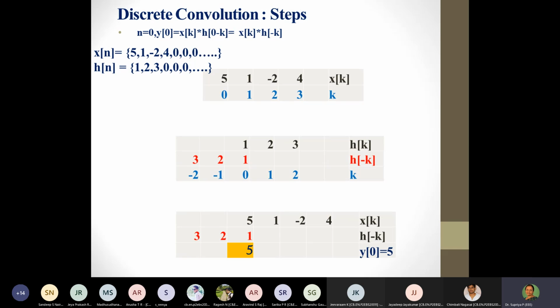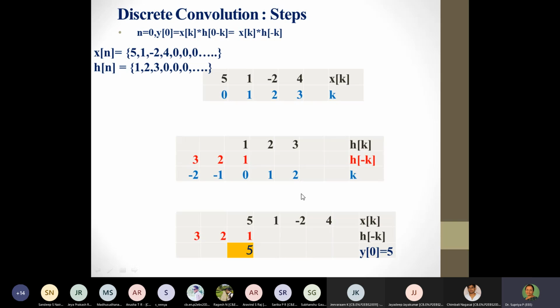First, h of k has been represented, then we are trying to represent h of minus k. So h of k is only 1, 2, 3, and zeros after that we are just going to ignore. At k equal to 0 it is 1, at k equal to 1 it is 2, and at k equal to 2 it is 3.